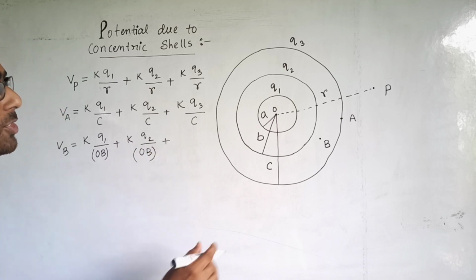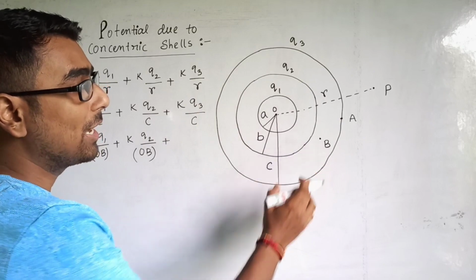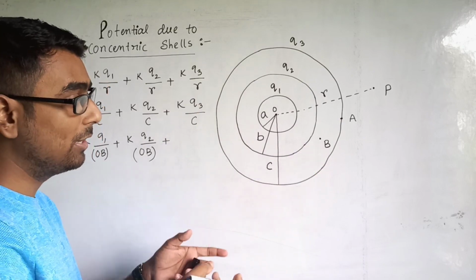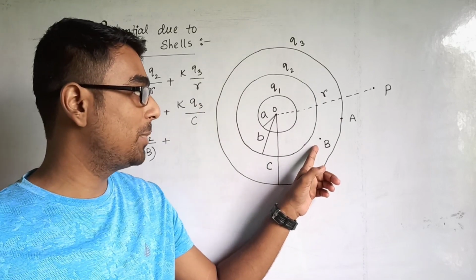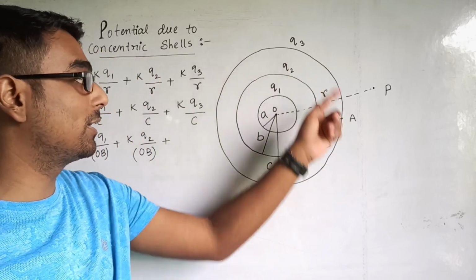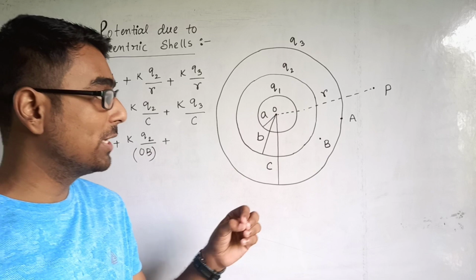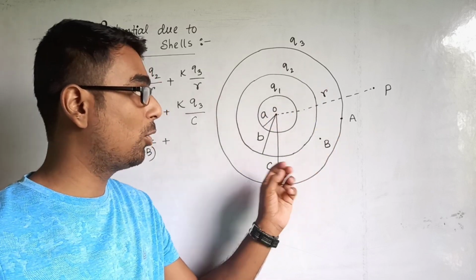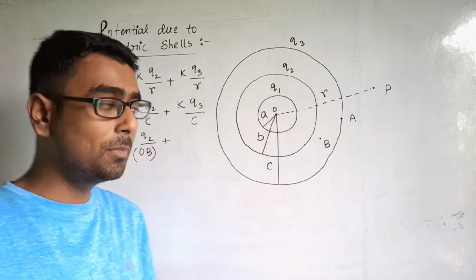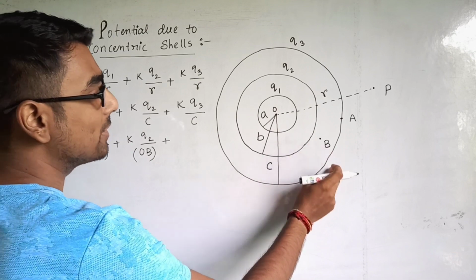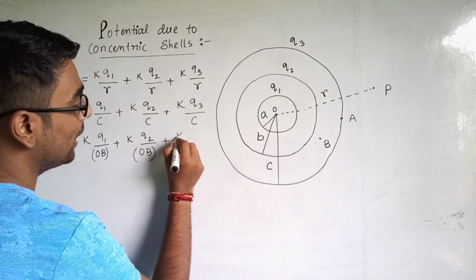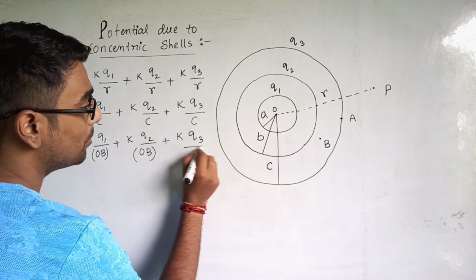Now for the third shell, the point B lies inside the shell. That means this point B lies inside the bigger circle. So the potential inside the circle and at the surface is the same. So we can also treat this point as being at the surface. So it will be K Q3 by C.